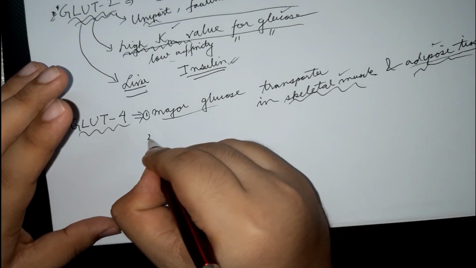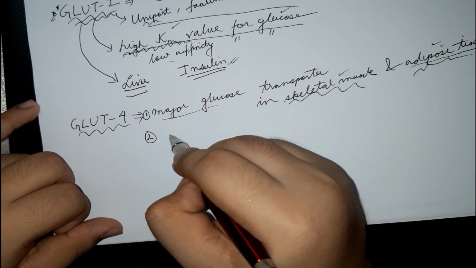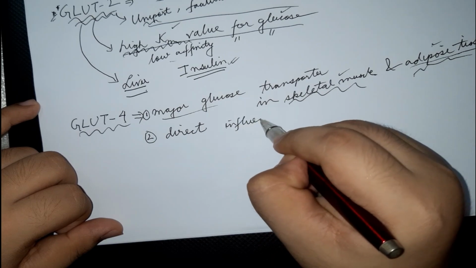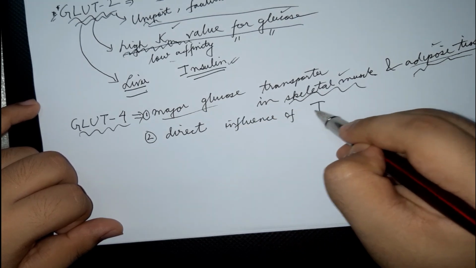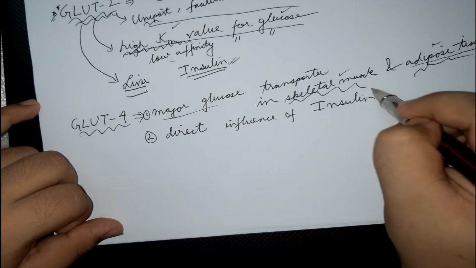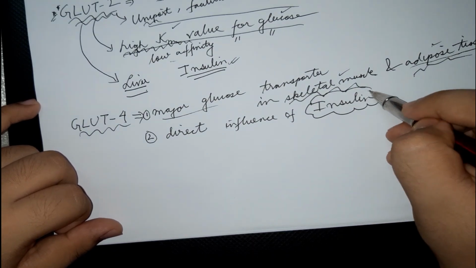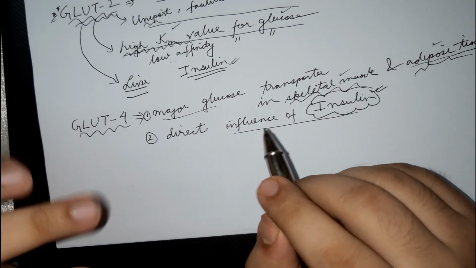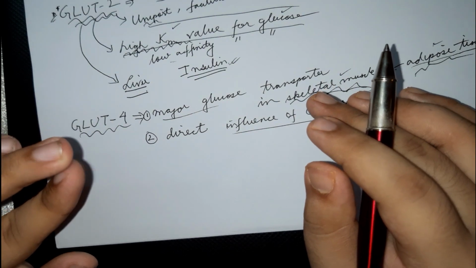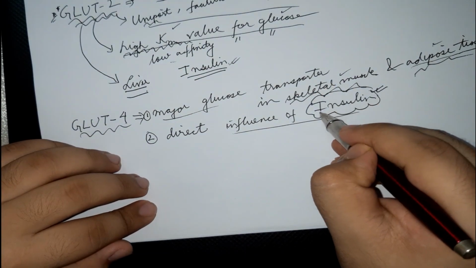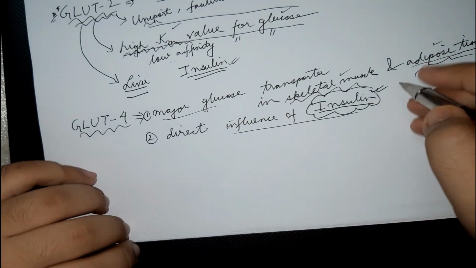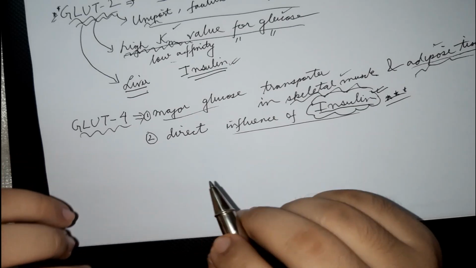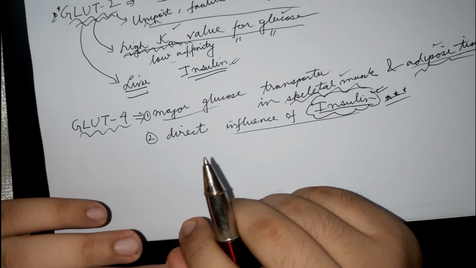The next information about GLUT4 is that it is under the direct influence of insulin. Very, very important. No other glucose transporter is under the control of insulin. No glucose transporter other than GLUT4 is under the direct influence of insulin.